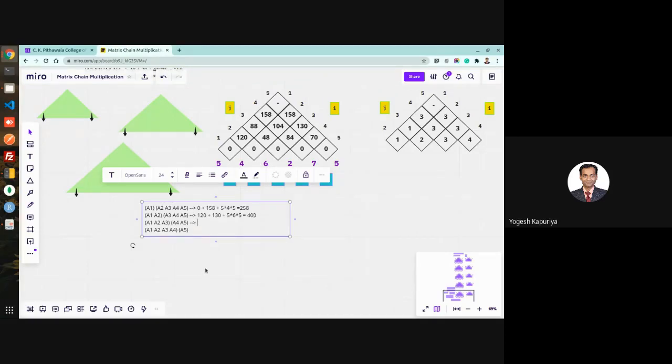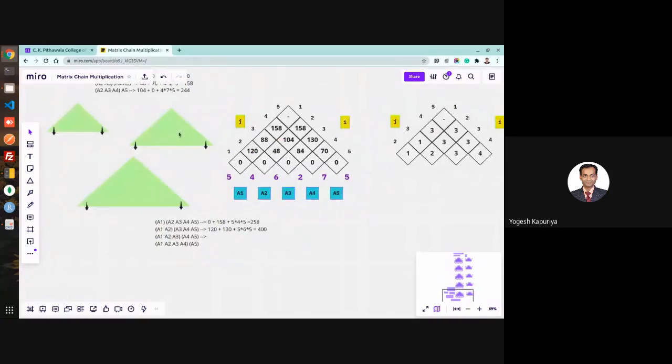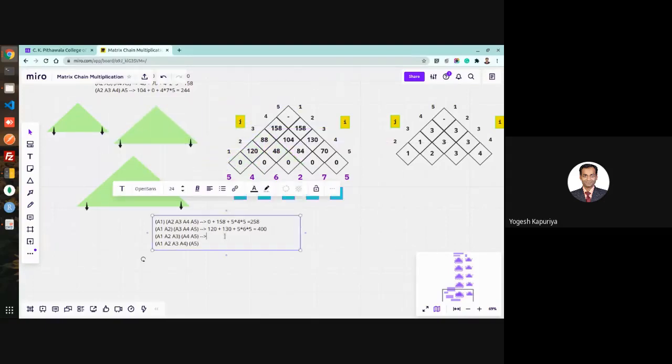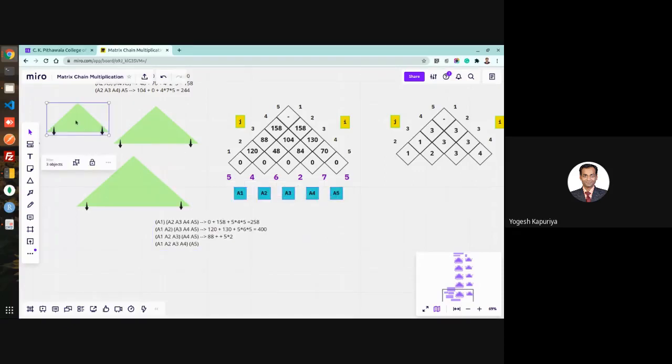Okay. Next is A1, A2, A3. So A1, A2, A3 is 88 and the dimension is 5 cross 2. So that is 88 plus 5 cross 2. Next is A4, A5.